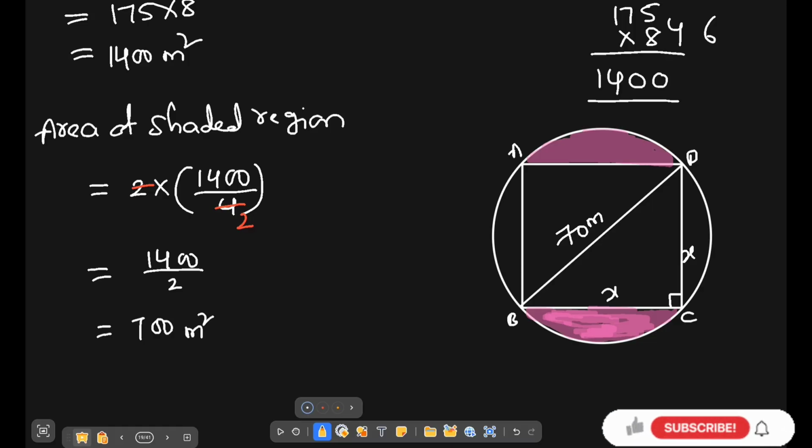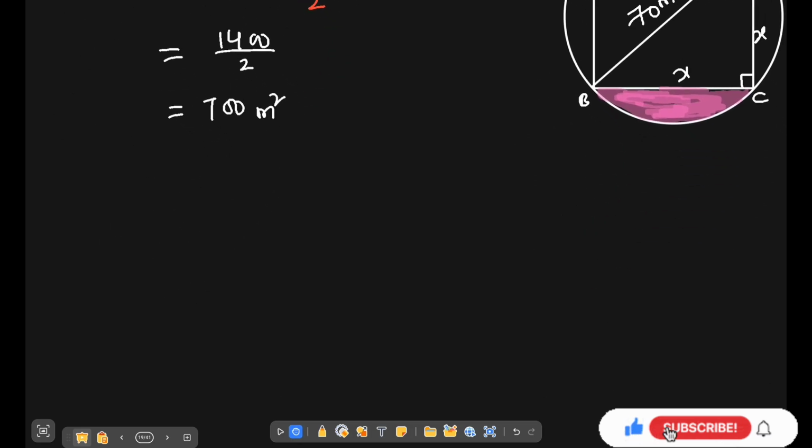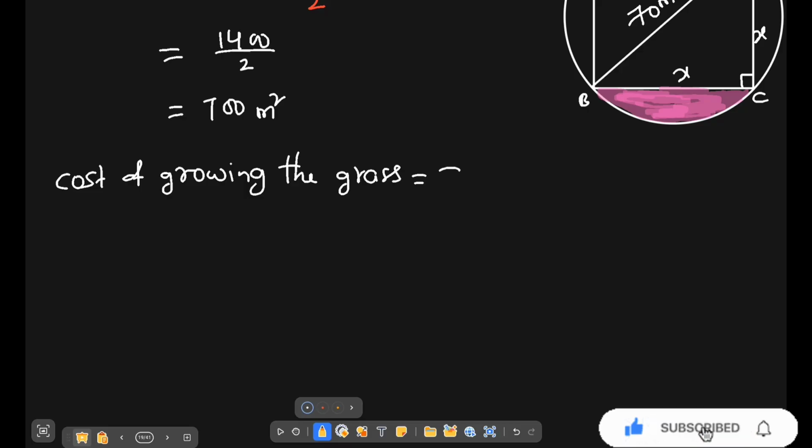So we have to find the cost of growing the grass at the rate of 50 rupees per meter square. So cost of growing the grass will be equal to rupees 50 into this 700.